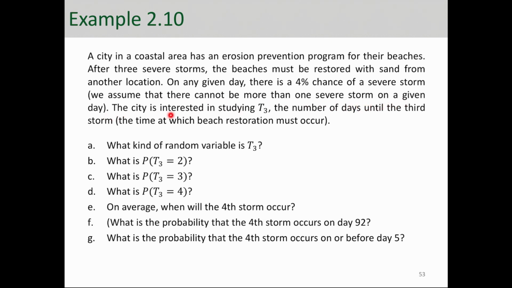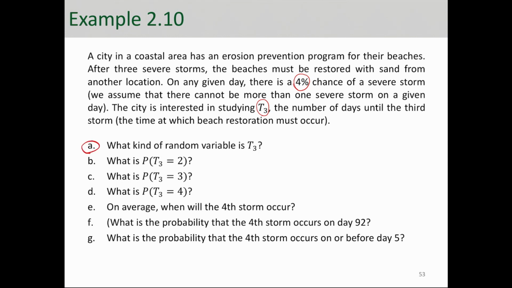The city is interested in studying T3, the number of days until the third storm, the time at which beach restoration must occur. So what we're studying here is T3. Probability of success is 4%. And the first question is, what kind of random variable is T3?